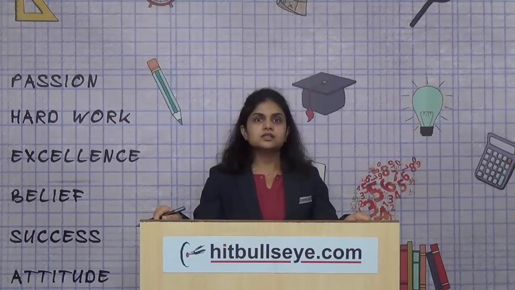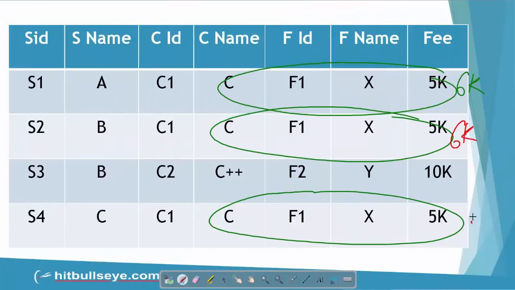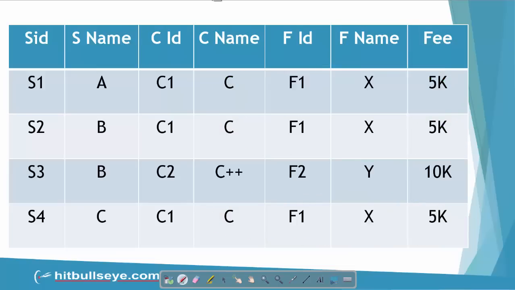Next is the deletion anomaly. What do we mean by deletion? Suppose in this particular database, there is only one student who is enrolled in a particular course, C++. If this student leaves my institute, what will happen?